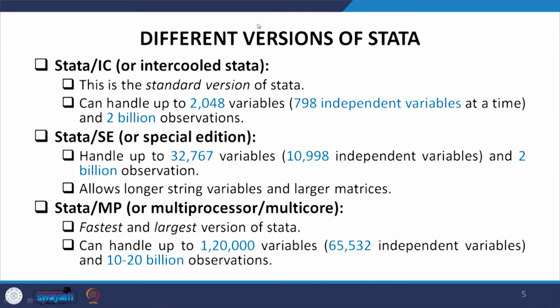Now, the standard version of Stata is none other than the intercooled version. The intercooled version is the version which can handle up to 2048 variables, and at maximum covers 798 independent variables at a time and 2 billion observations.